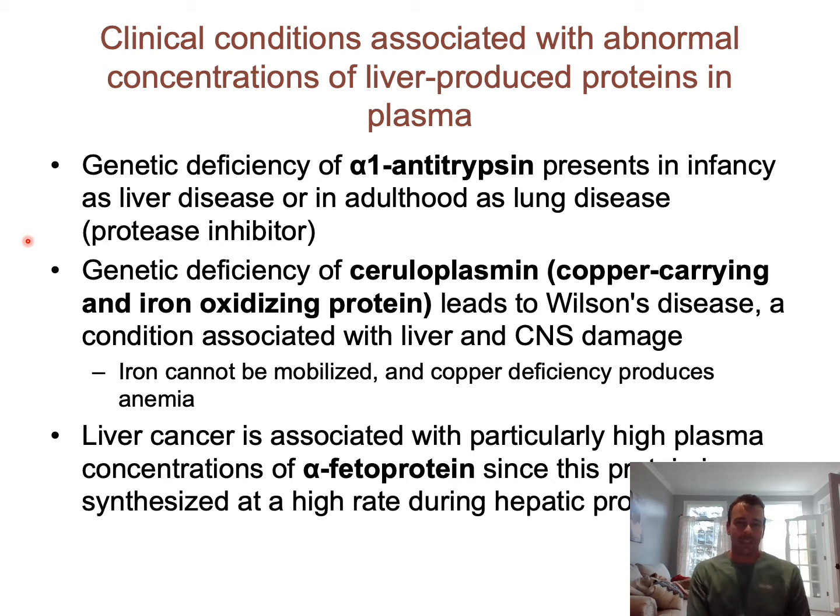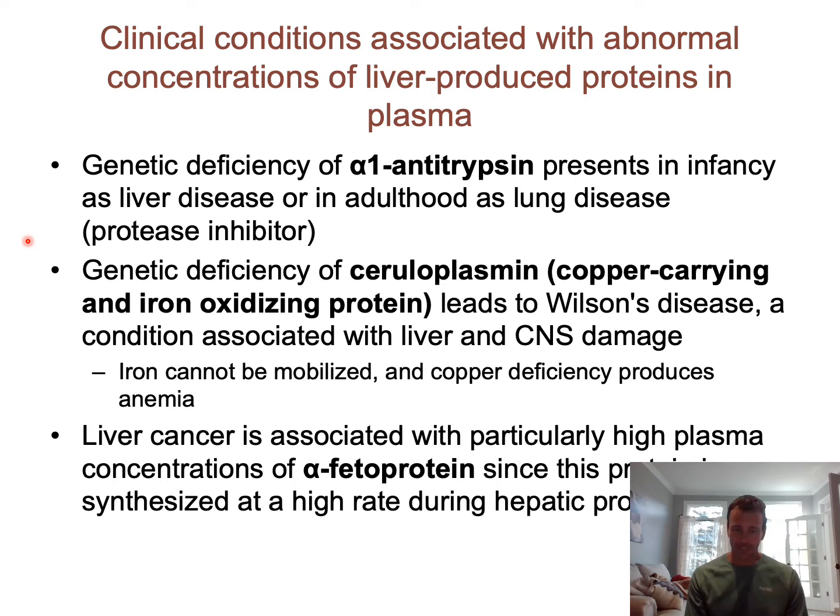Some clinical conditions that are associated with abnormal concentrations of liver-produced proteins that we measure in the plasma are shown on this slide. For example, genetic deficiency of alpha-1 antitrypsin presents in infancy as liver disease or in adulthood as lung disease.